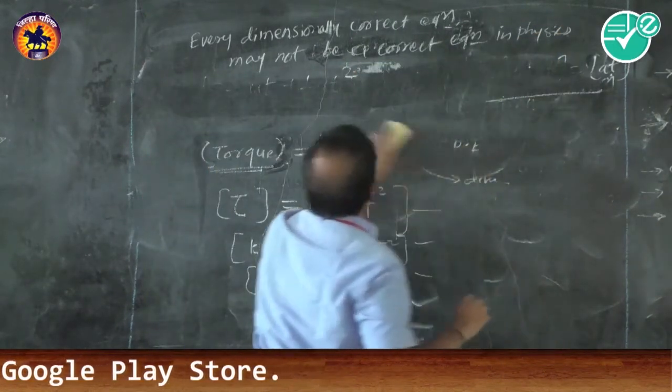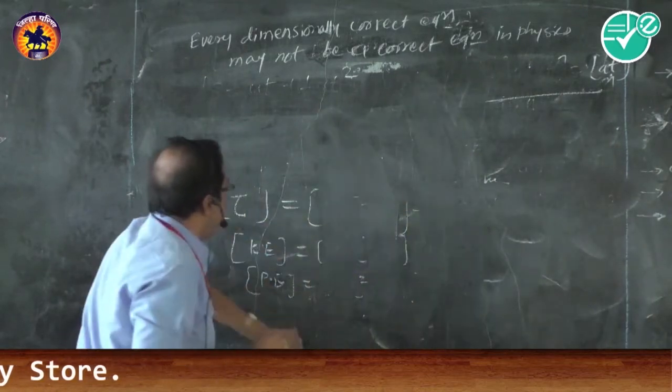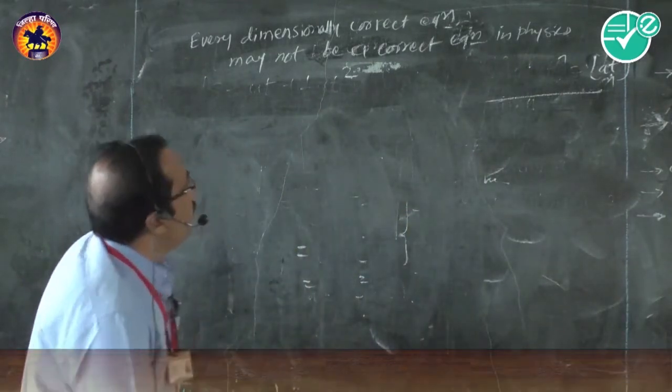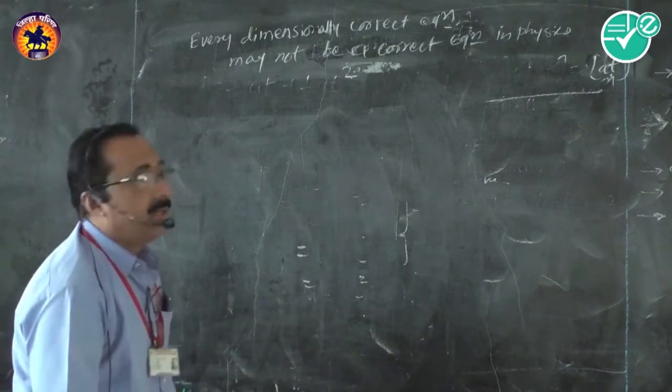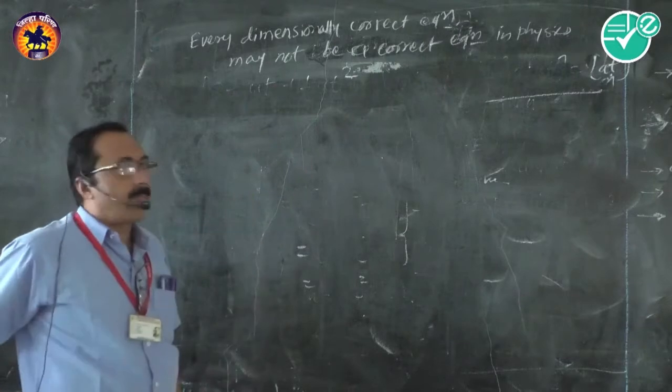But please keep it in mind that every physically correct equation, every equation which is correct in physics, is always dimensionally correct.